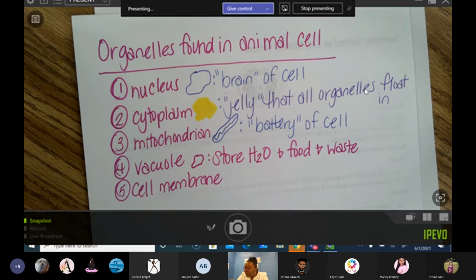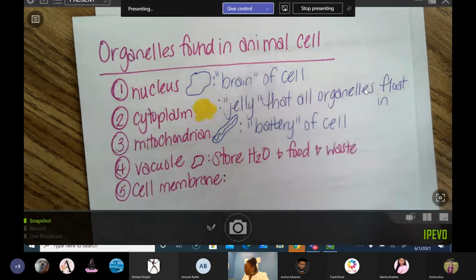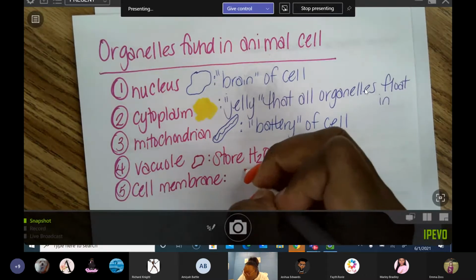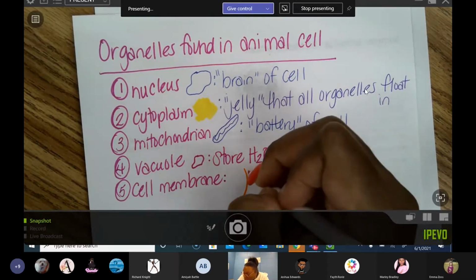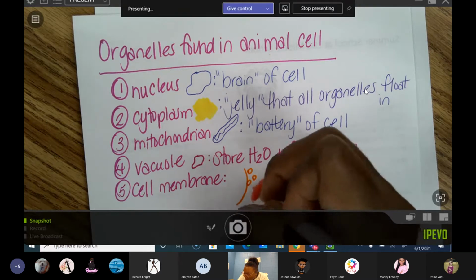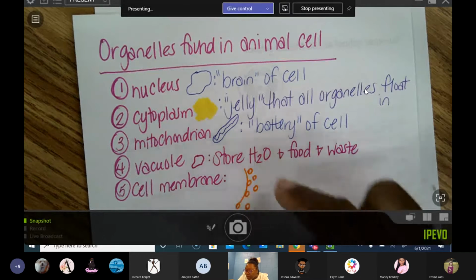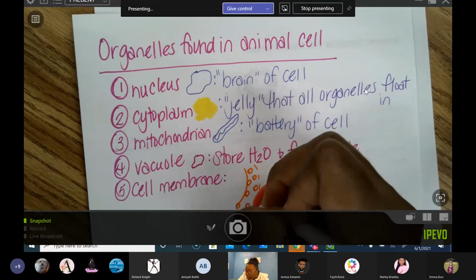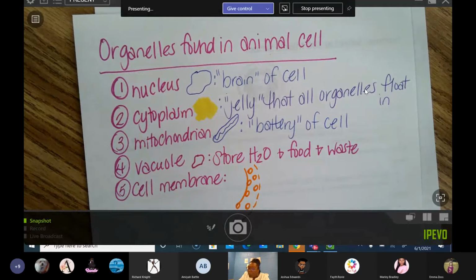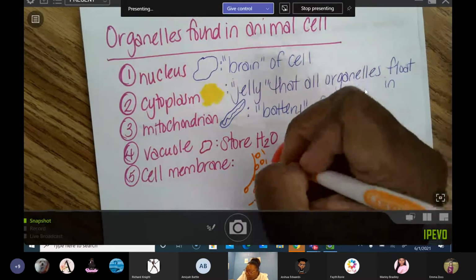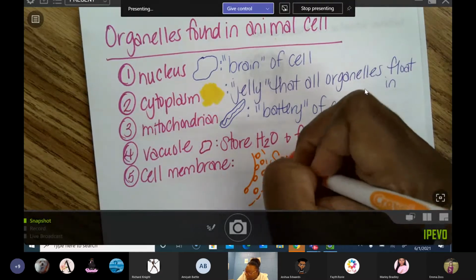And then finally, we have our cell membrane. You'll want to remember that that cell membrane was the orange lining that surrounded the entire cell. If we were to take a microscope and focus in on what that cell membrane looks like, it looks like a sponge, a lining of sponge here. We want to remember that the cell membrane is very spongy.